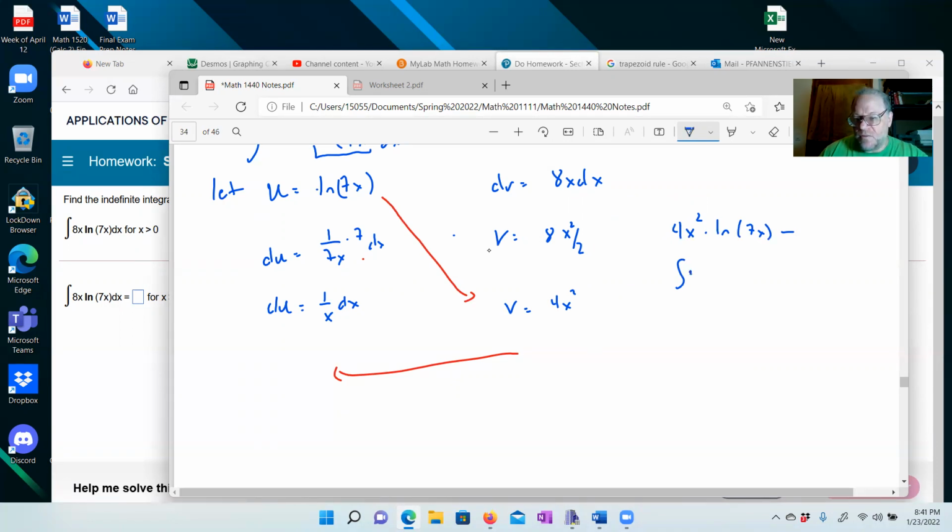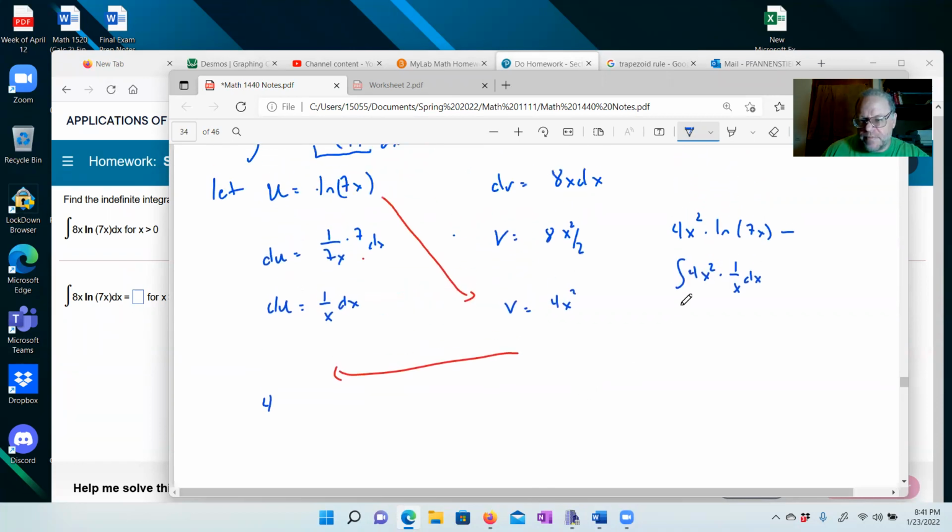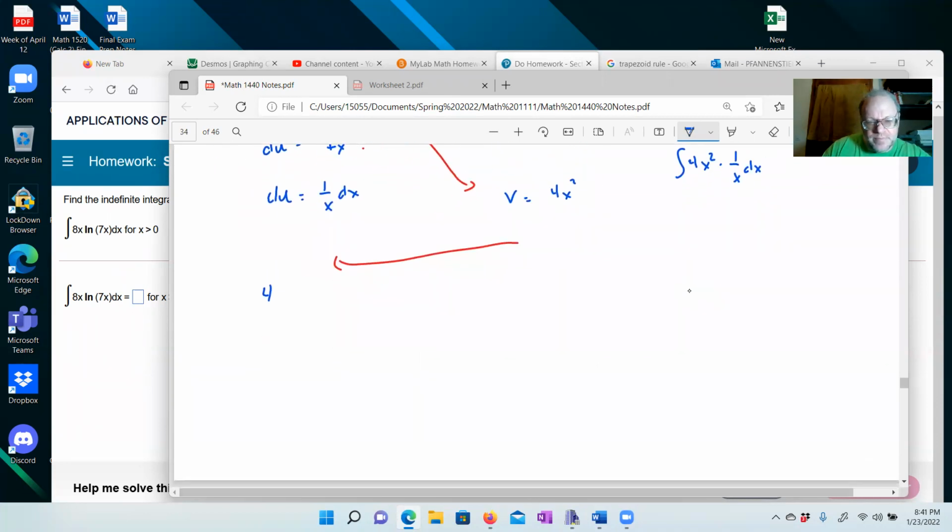So this is 4x squared times 1 over x dx. Let's write this down over here. We're going to have 4x squared ln 7x minus the integral of 4, what's x squared over x?